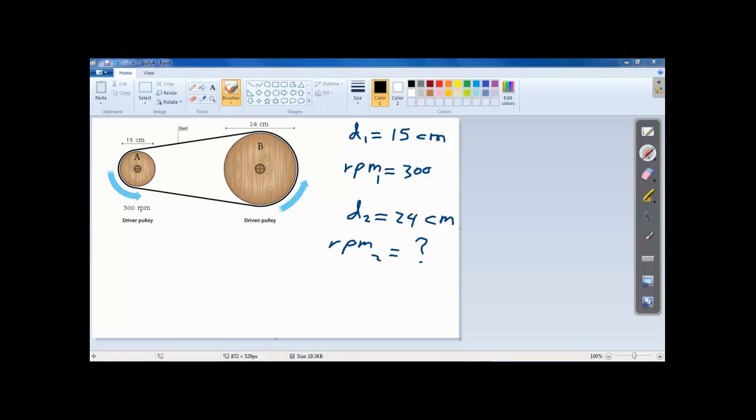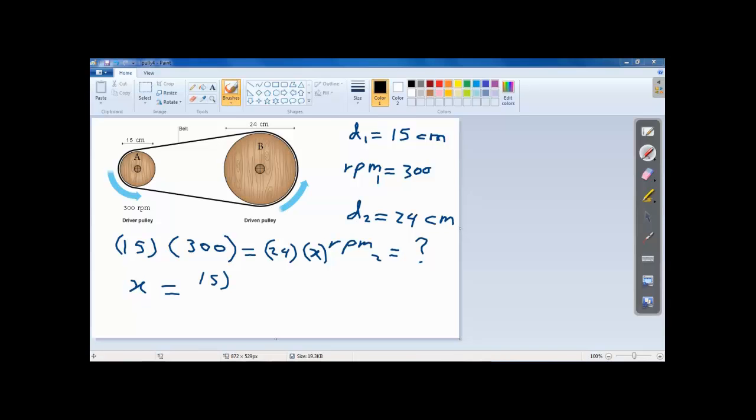Since this relationship is an inverse variation, we can say that 15 times 300 must equal 24 times x. We want to find this x, which is the speed of the large pulley.